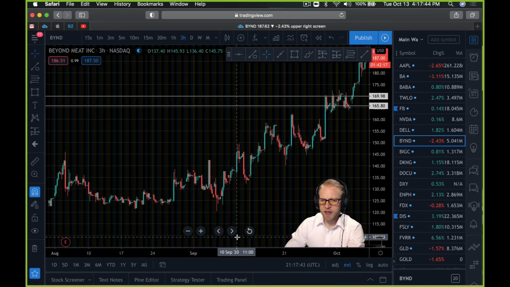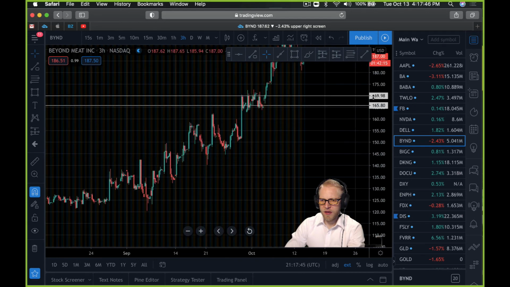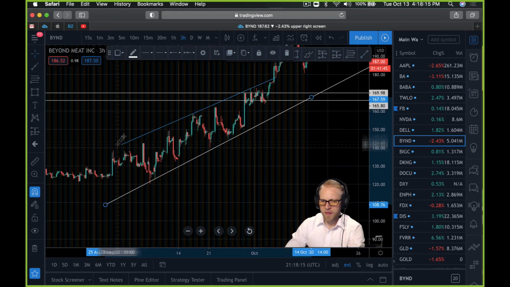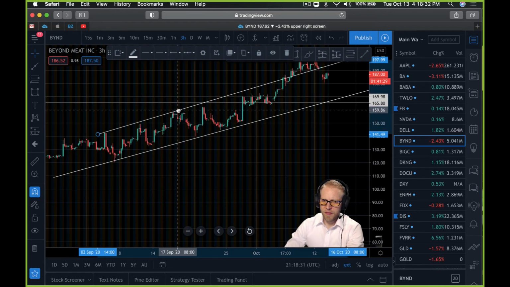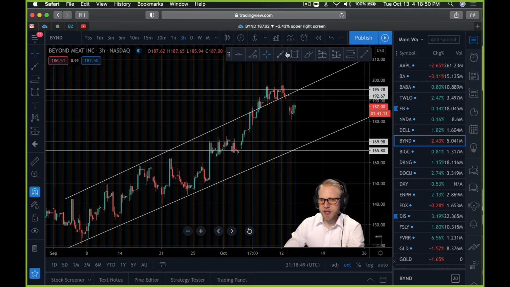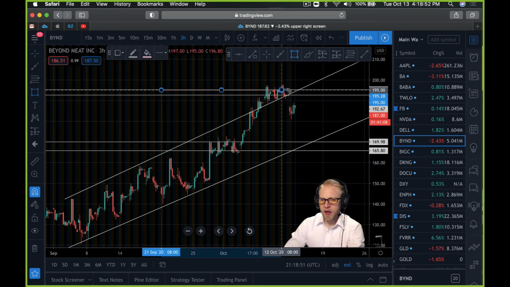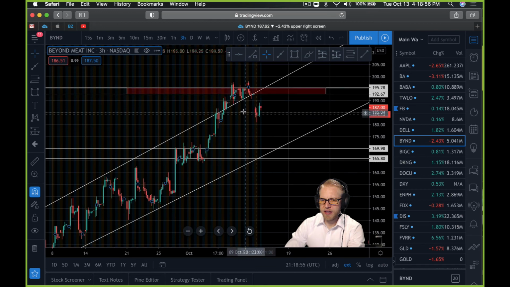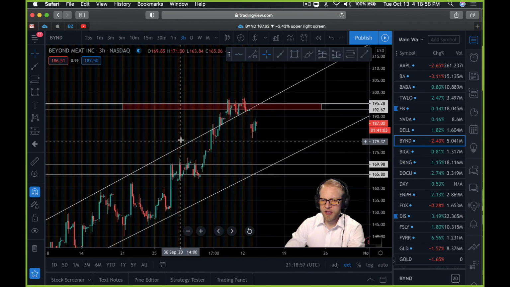We had this. We have some sellers up here. I'd be careful anywhere in here. If it's up here, I would not be buying. It needs to tag the top side of that first.